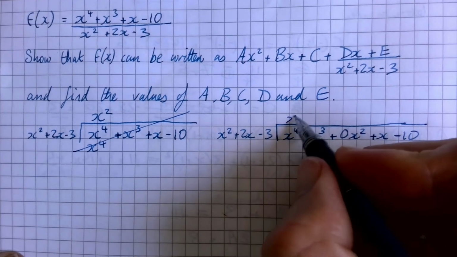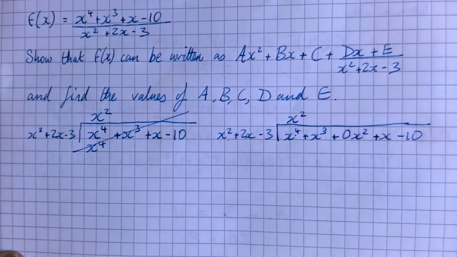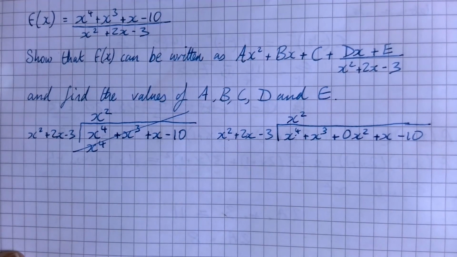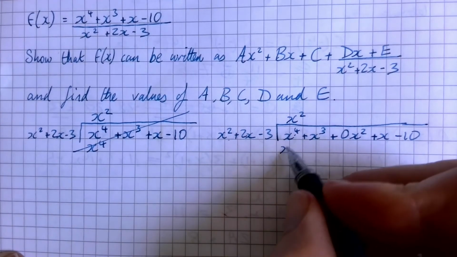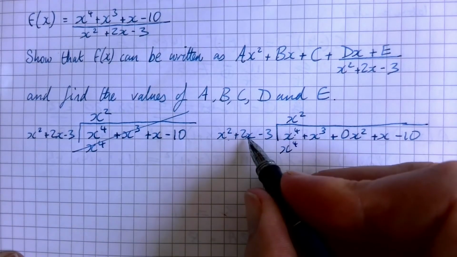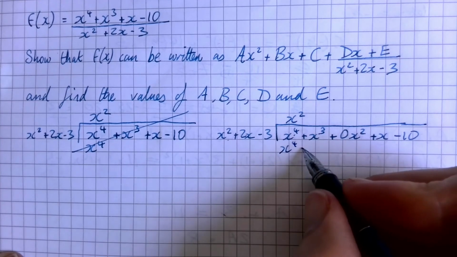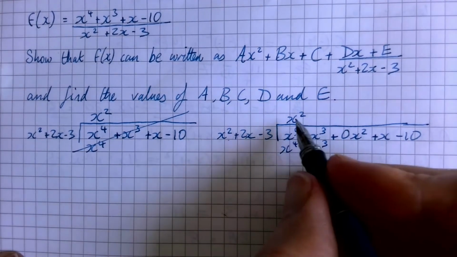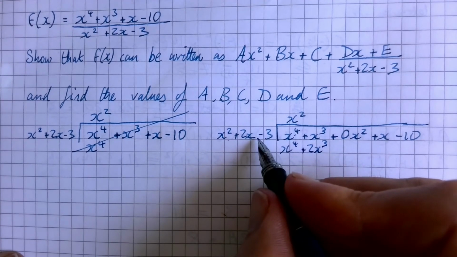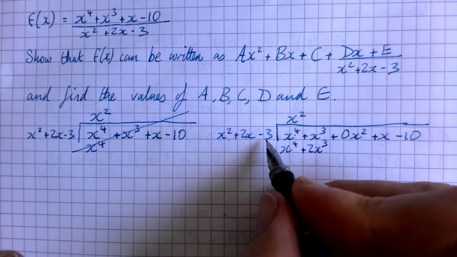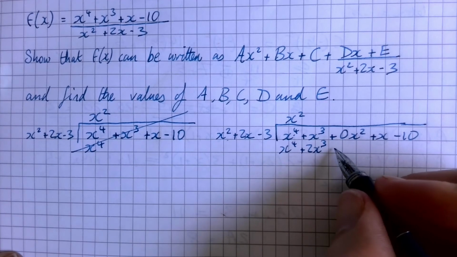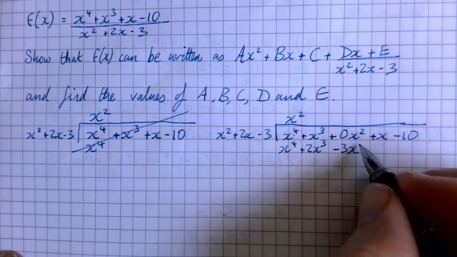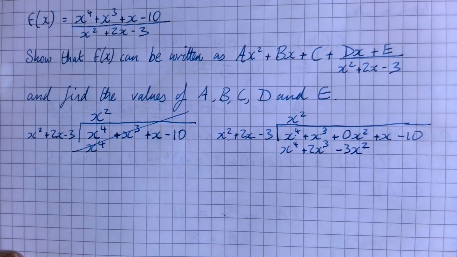So x squared goes into x to the power 4 x squared times x squared times x squared is x to the power 4. Times x squared by 2x, and you get 2x to the power 3. Times it by negative 3, and you get negative 3x squared.